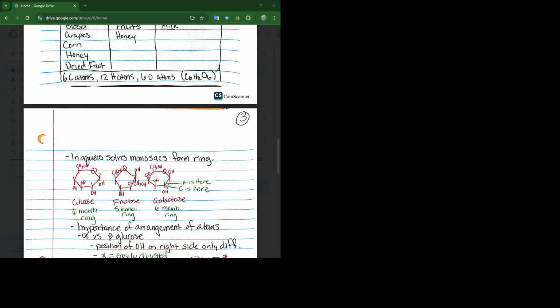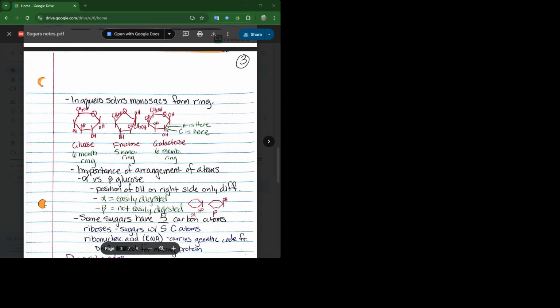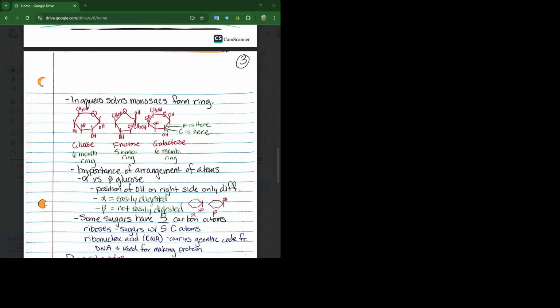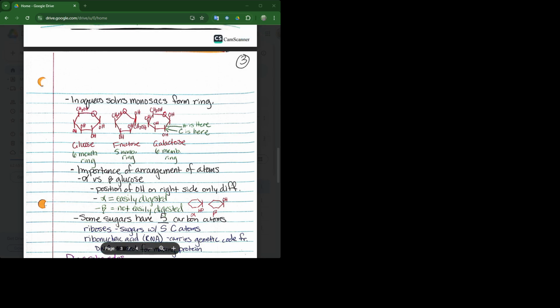And then it says to understand the importance. Okay, so it just told me this is important. So I'm going to start writing a note here: importance of arrangement of atoms, and then a subnote, alpha versus beta glucose, because that's what it's telling me.